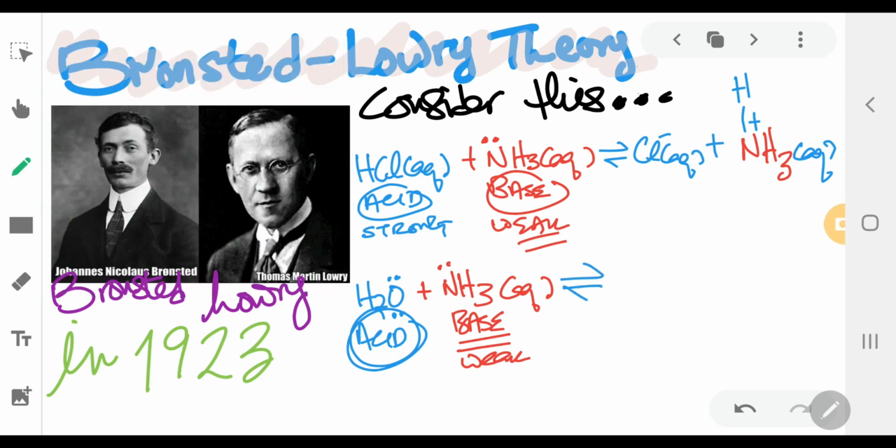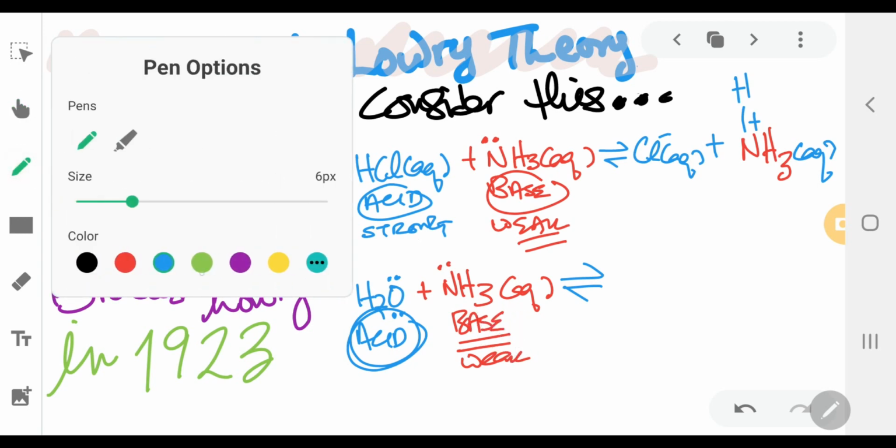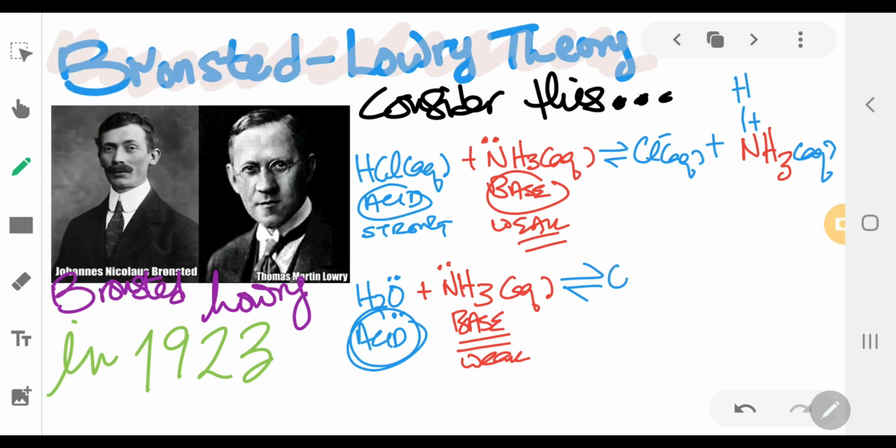So we're going to use a reversible arrow because we're dealing with a weak base. So water will dissociate to form the OH minus.